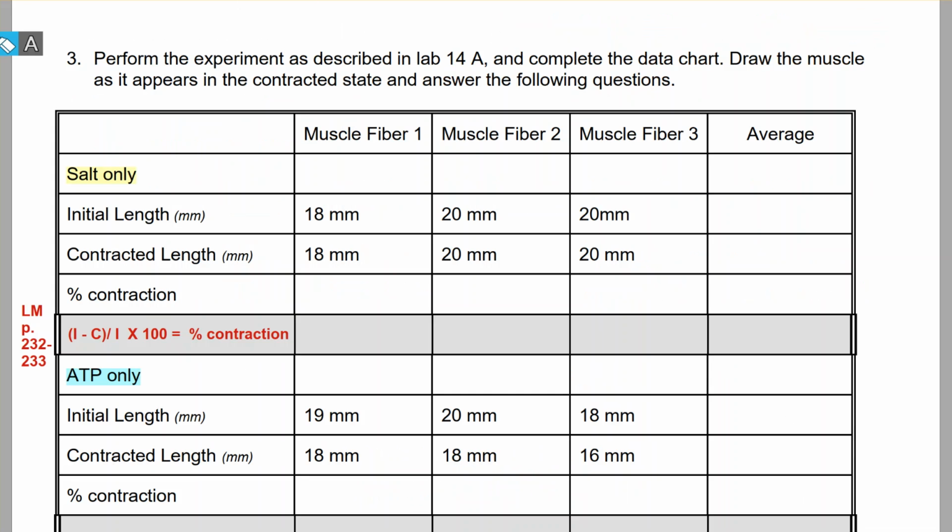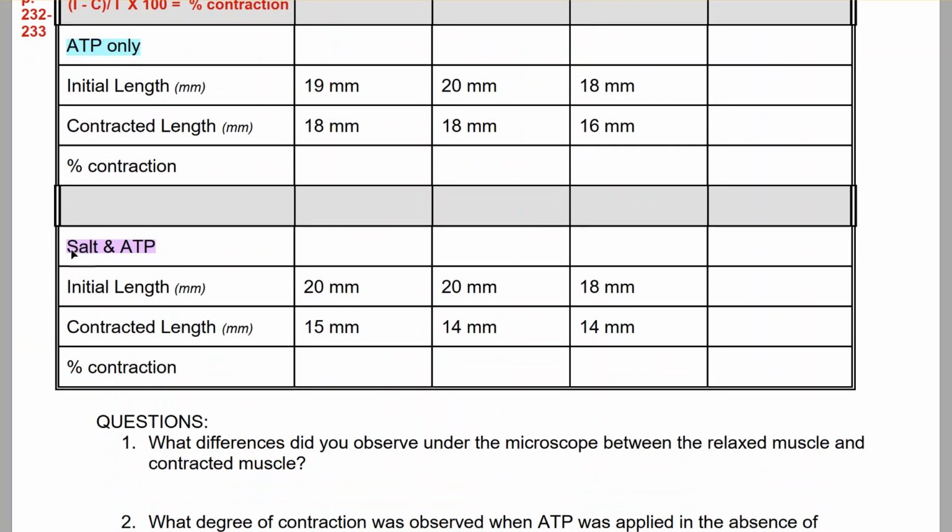So all of this data that you see here was created by other students in a lab where they dropped solutions. So a salt solution on one piece of muscle, and then ATP only on another piece of muscle, and then salt and ATP together on another piece of muscle. And these are the findings.